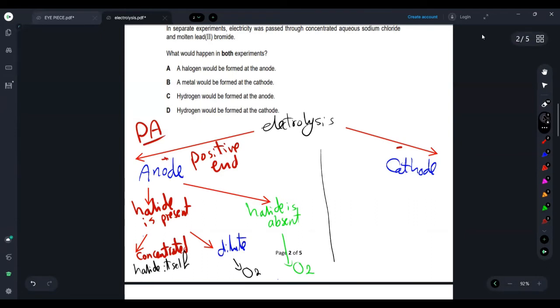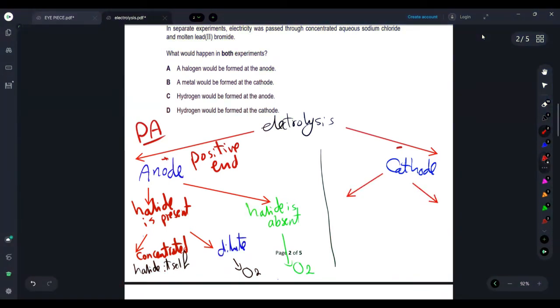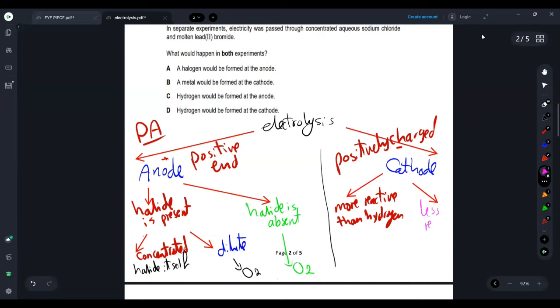On the other hand, for the cathode, we have two basic rules. The first one is whether the metal or positively charged ion is more reactive than hydrogen, or less reactive than hydrogen.